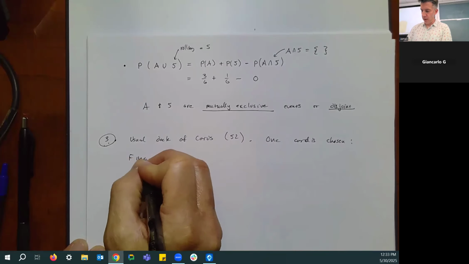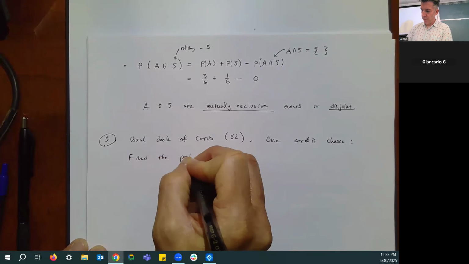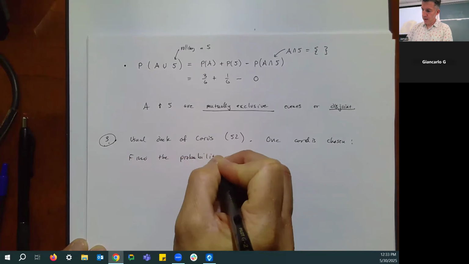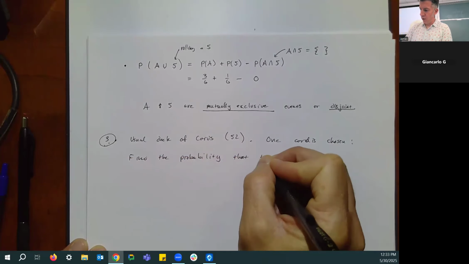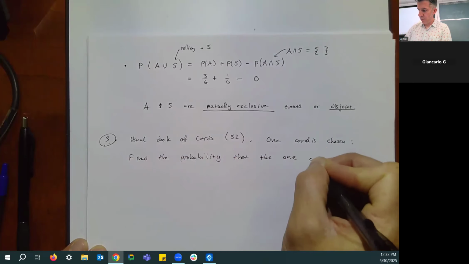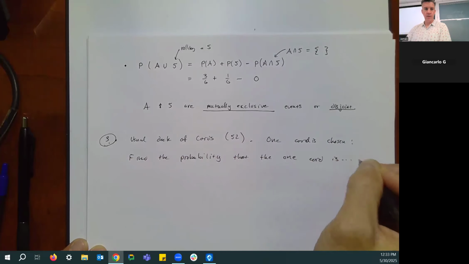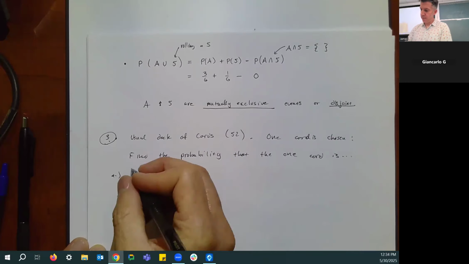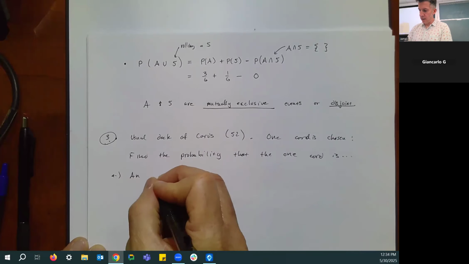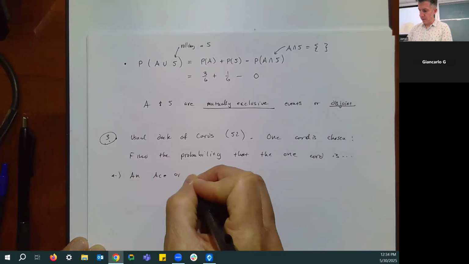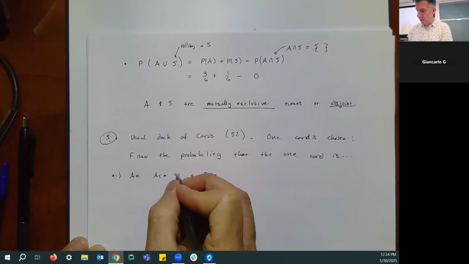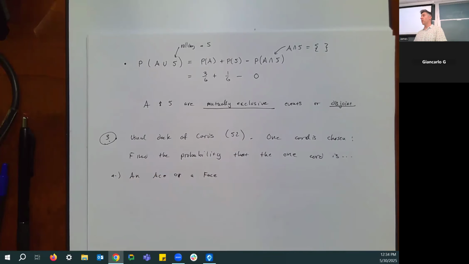Find the probability that the one card we drew is, question A, an ace or a face, which means an ace card or a face card.